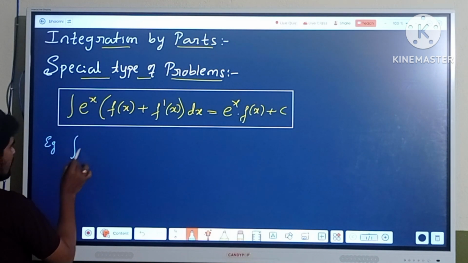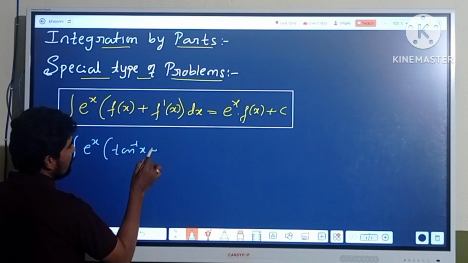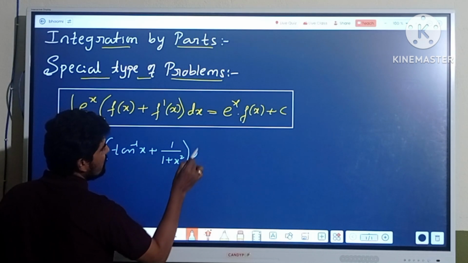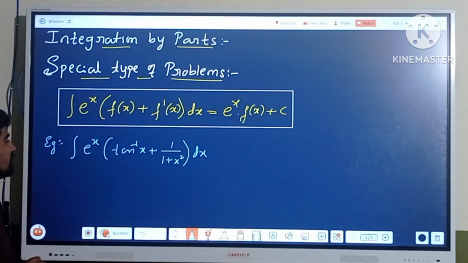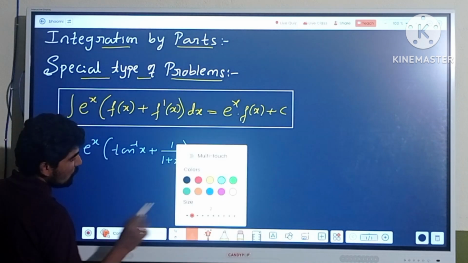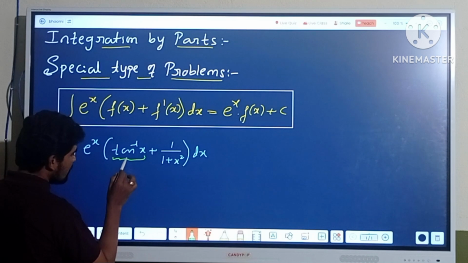Suppose integration of e power x into tan inverse x plus 1 divided by 1 plus x square with respect to x. Observe here, it is of the form integration of e power x into f x. What is f x here? Tan inverse x.